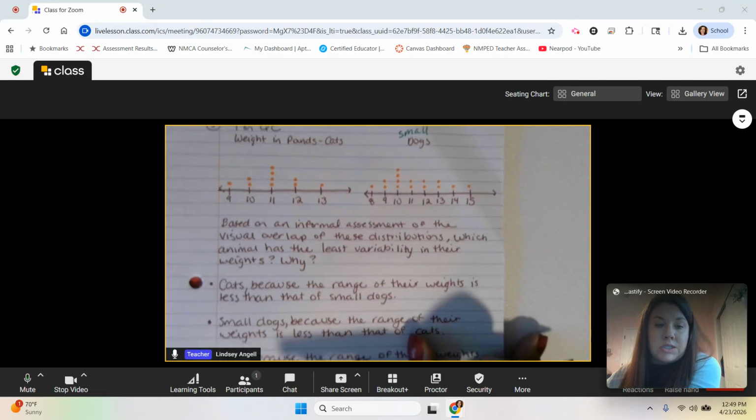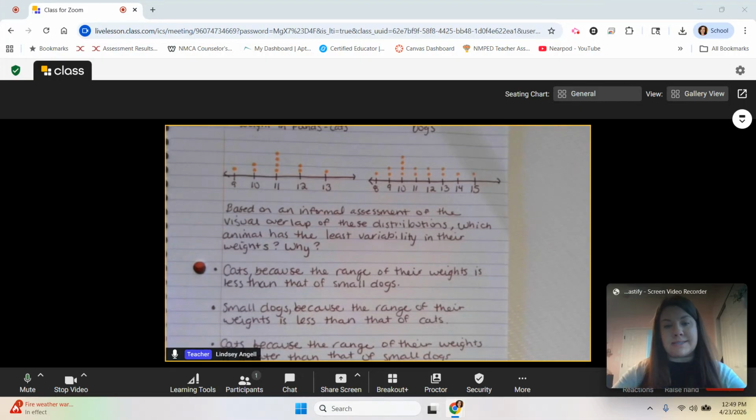Based on an informal assessment of the visual overlap of these distributions, which animal has the least variability in their weights? Okay, least variability. When you hear a term like that, it's referring to the range.